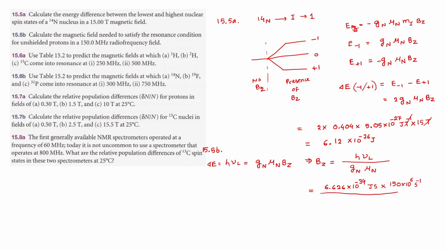Then the g factor we know for a proton, 5.585, which has no unit, and then the nuclear magneton, the value of which is 5.05 into 10 to the power minus 27 joule Tesla inverse. Second will cancel, joule will cancel, and Tesla inverse will become Tesla, right? Let us find out how much Bz is.